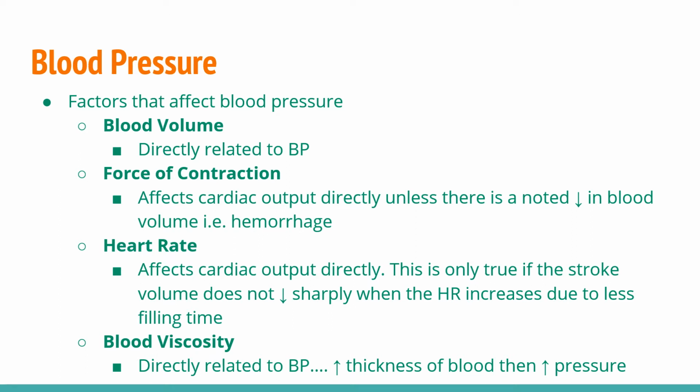If you have increased blood, so for some reason you're fluid overloaded and you have increased volume, your blood pressure is going to be high. And if you have low blood in the vessels, then your blood pressure is going to be low. That should make sense, right?